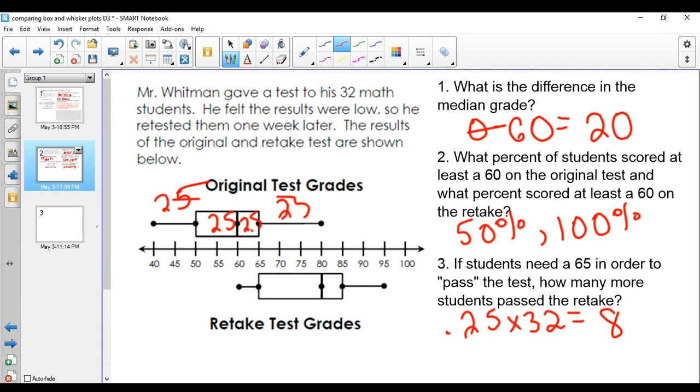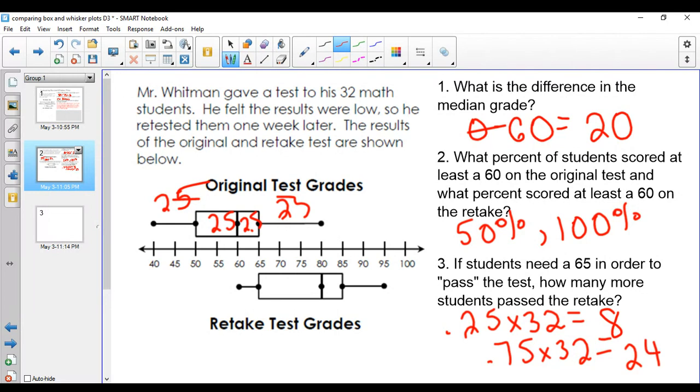Now let's look at the retake. So on the retake, 65 or higher. Here's 65. So it looks like we have 1, 2, 3 quartiles, or 3/4 of the data of the students that scored at least a 65. So that's 75% of them. So we need to find 75% of 32 students, and that's going to give us 24.